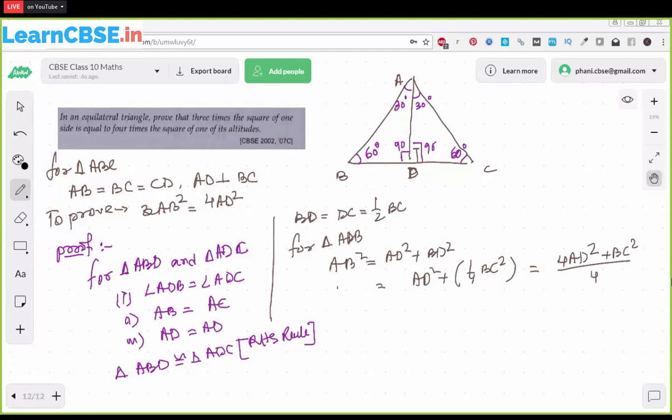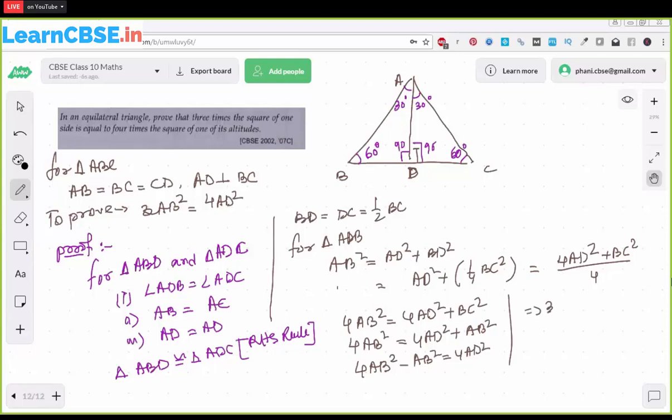So if you cross multiply, 4 AB square equals 4 AD square plus BC square. Now in place of BC, we can write AB. So it gives you 3AB square equals 4AD square, hence proved.